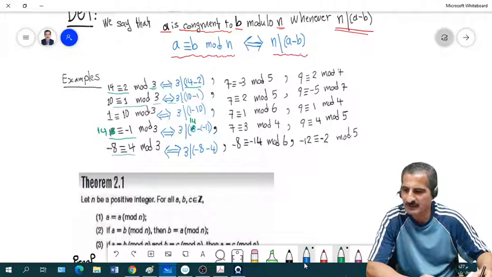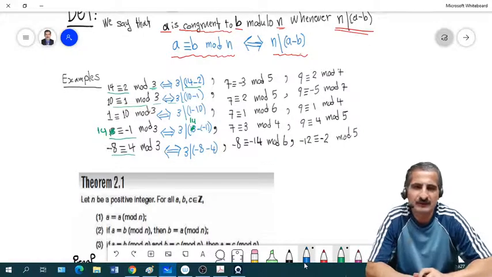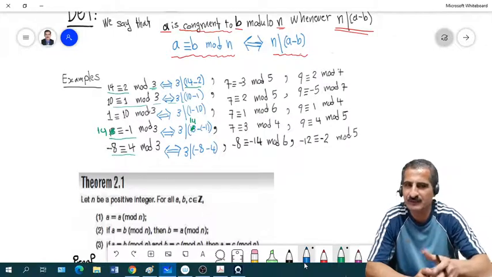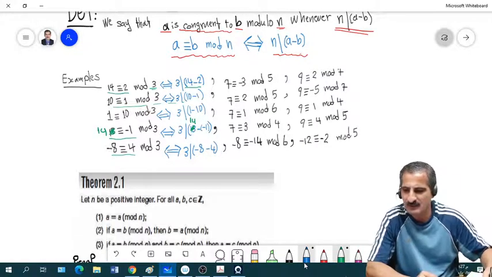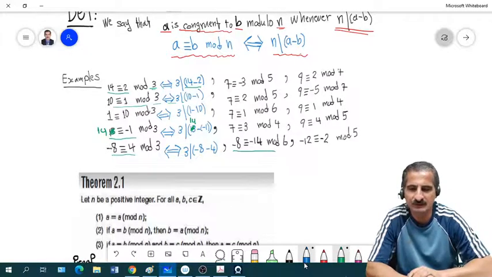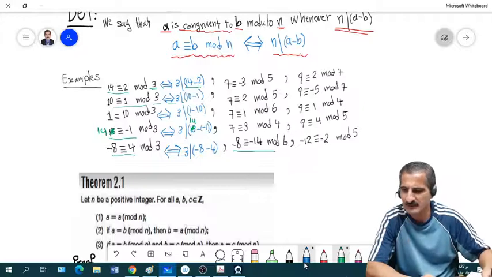Negative 8 is congruent to 4 modulo 3. That's because negative 8 minus 4 is negative 12, and it is divisible by 3. And so on. Negative 8 is congruent to negative 14 modulo 6.